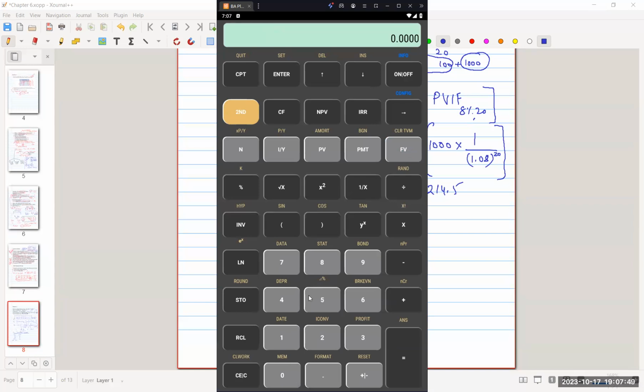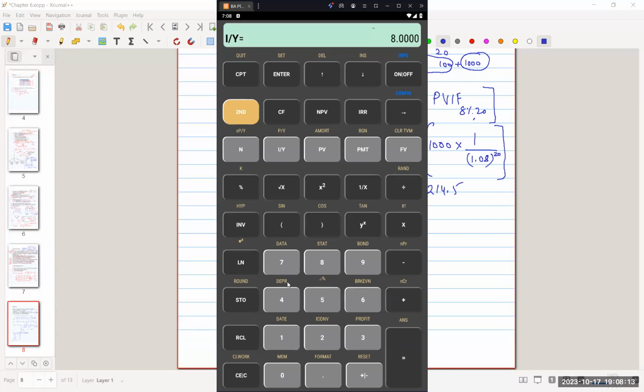Now, what are our inputs? We have 1,000, which is what I will get at a future point in time after 20 years. So 20 is my N, and my discount rate is 8%. So I press 8 and then store it as I/Y.